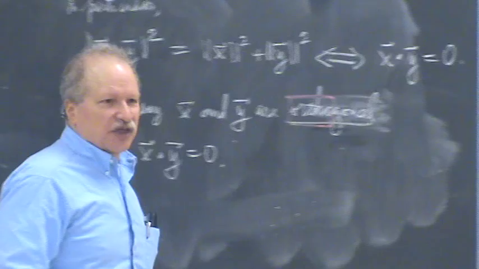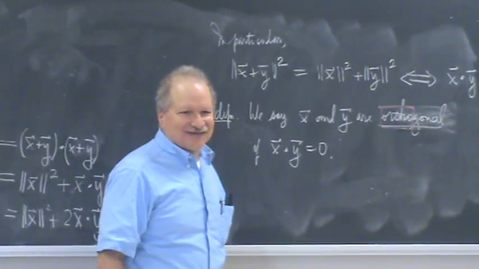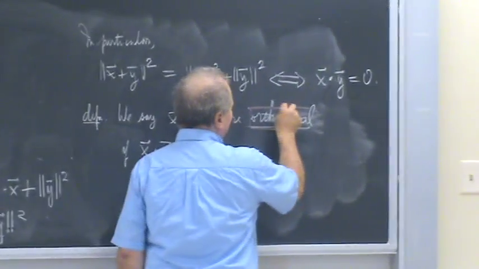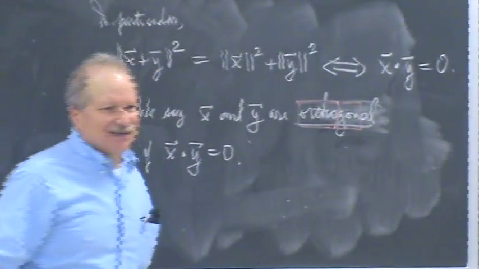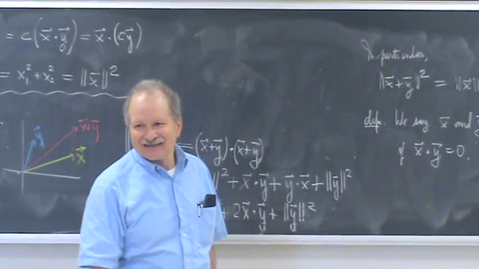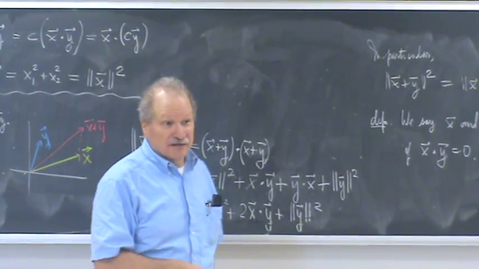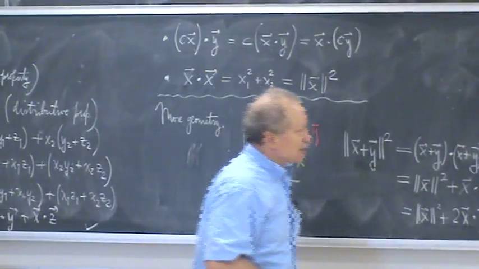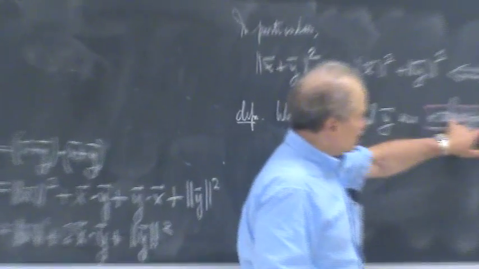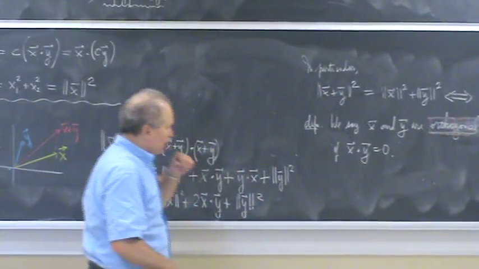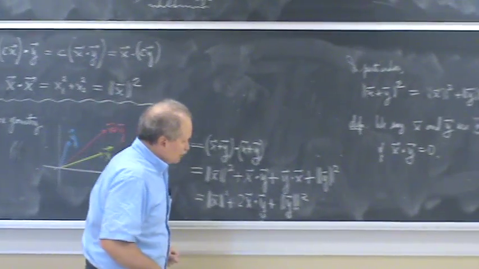Like orthodox, orthodontist, and gon, like polygon, right? Sides. So having straight sides is the origin of the word.